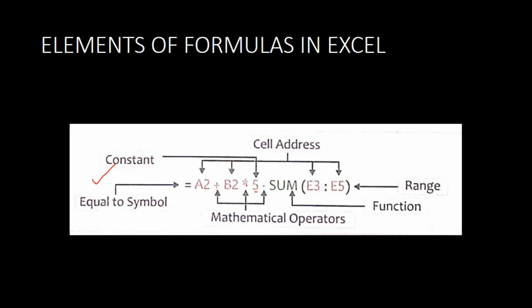Plus, multiply, minus, these are called mathematical operators. Here sum is called function, and E3 to E5, this is called range. That means it contains E3, E4, E5.